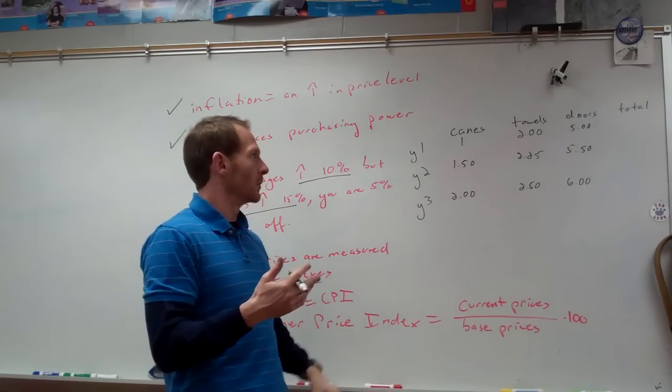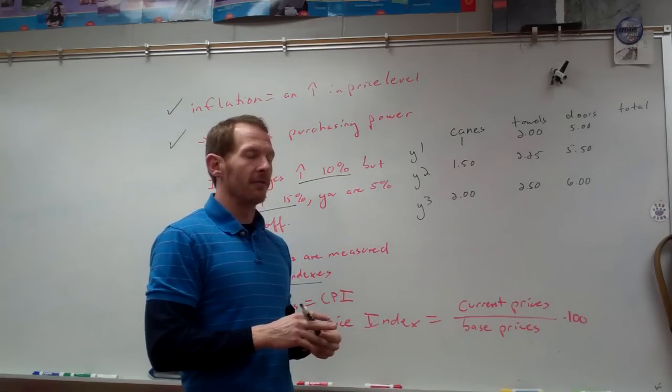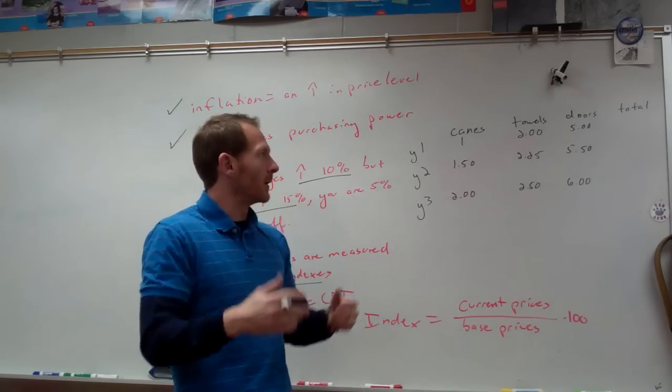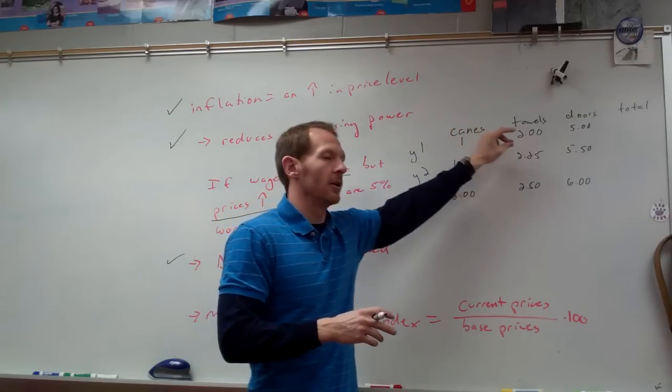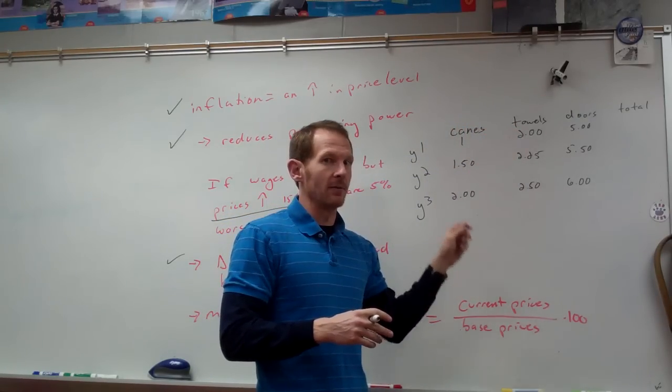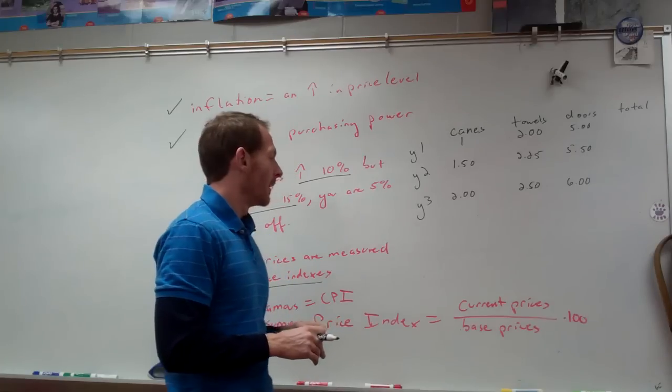For this example, we'll just say one cane, one towel, and one door. Obviously we buy more than one, but we want to have the same amount bought each year to determine prices.